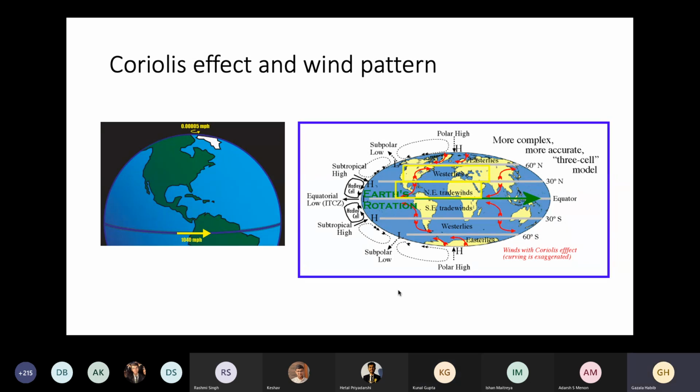No, the pressure is high at the poles and low at the equator because the temperature at the equator is high. The wind will always blow from high pressure to low pressure. How will it blow from low pressure to high pressure?